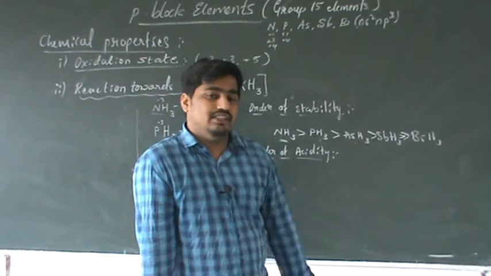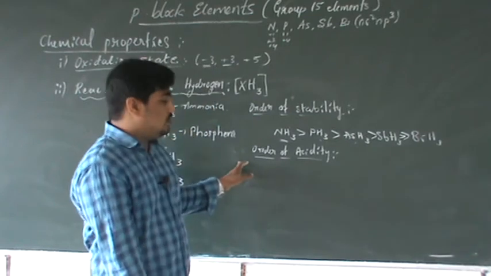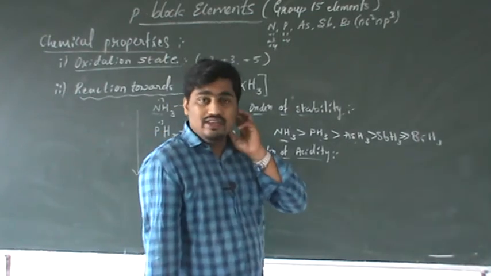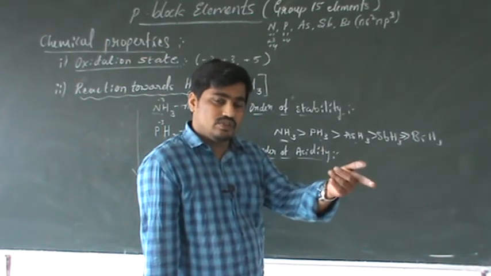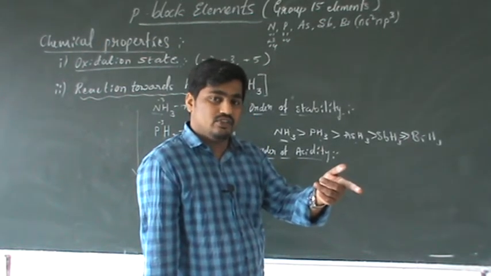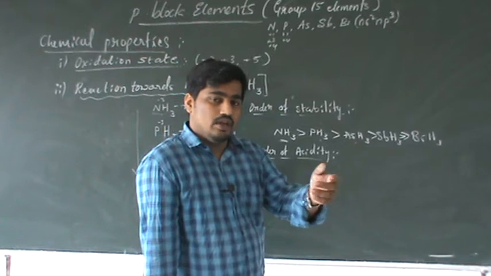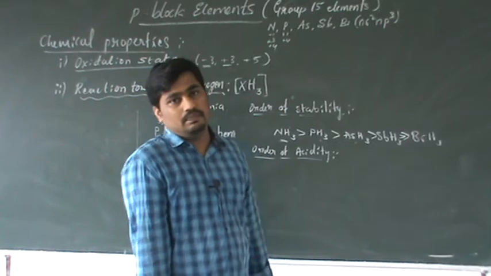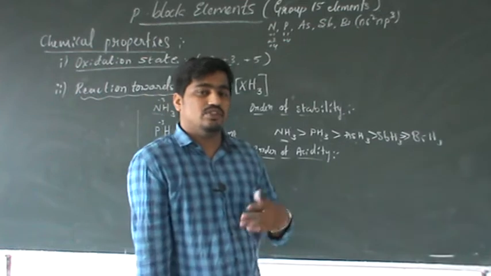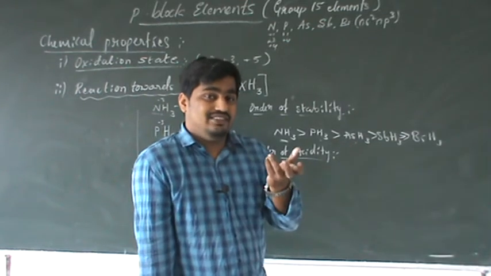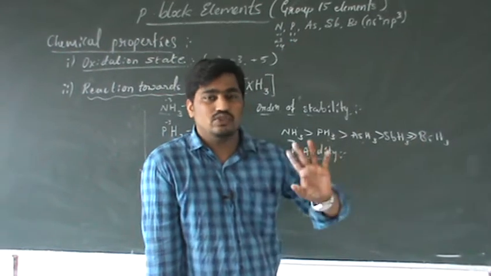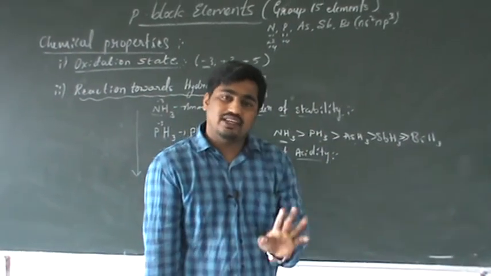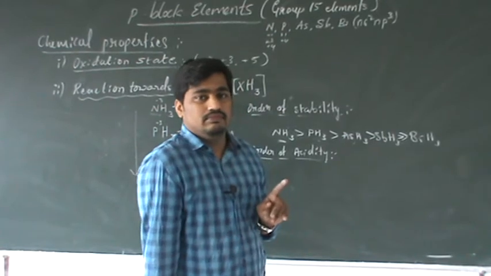According to the Arrhenius theory, any compound which dissociates to give H plus ions in its solution is an acid. It means that when hydrogen is easily dissociated from a compound, that compound is a strong acid.